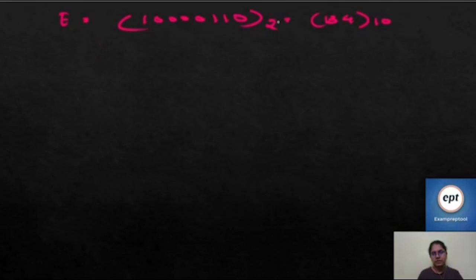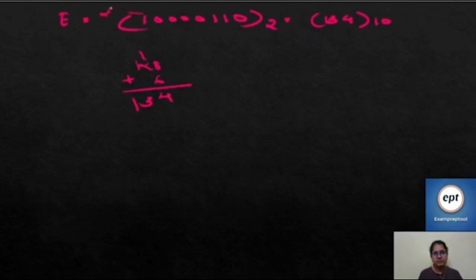But in short, you will write 2 to the power 0, 2 to the power 1, 2 to the power 2, and calculate every value likewise. The powers here will be 0, 1, 2, 3, 4, 5, 6, 7, and 7 is 128. Plus this value will be 4 plus 2, it will be 6. So likewise the decimal equivalent value is calculated.